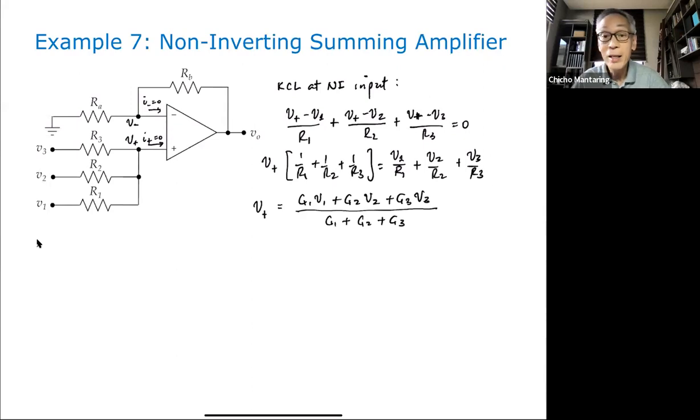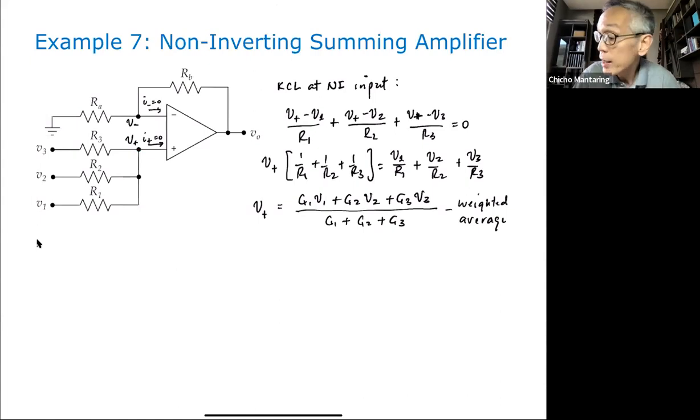This is your weighted average, where G, of course, is conductance, equal to 1 over R. So that's your weighted average. The voltage at your non-inverting input is just the weighted average of your inputs, V1, V2, and V3.